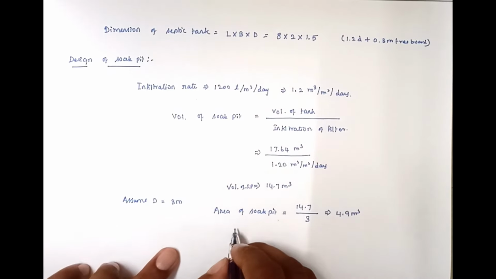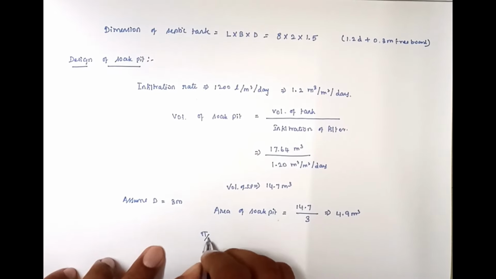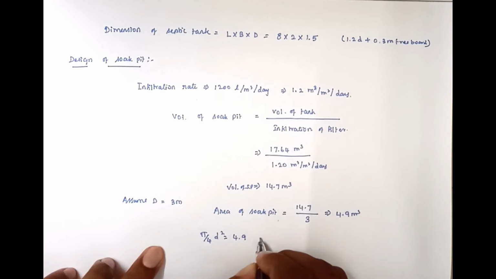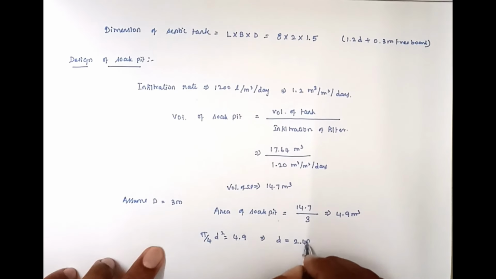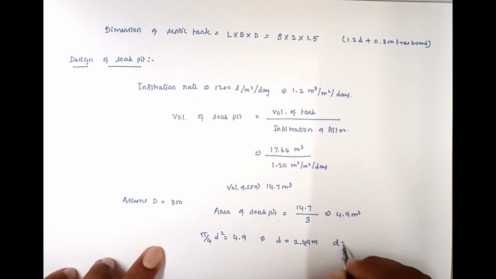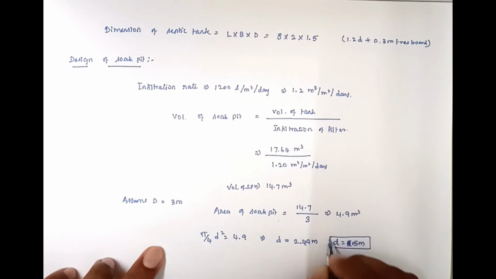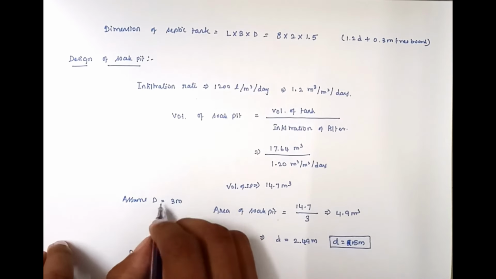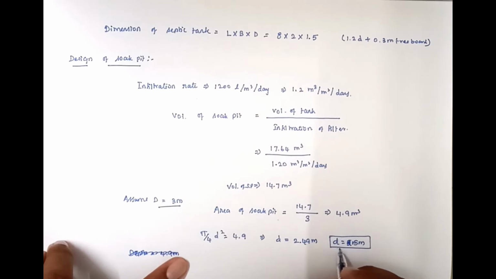The soak pit is a circular area, so pi by 4 into d square equals the area, 4.9. So now d is equal to 2.49 meter, so d equals 2.5 meter. The soak pit dimensions are depth equal to 3 meter and diameter equal to 2.5 meter. So this is the method to design the septic tank for a given population.